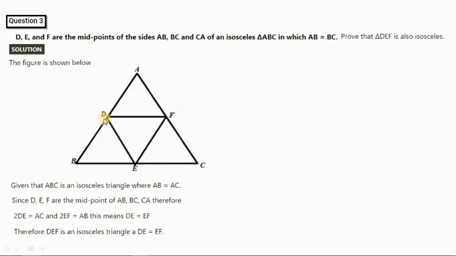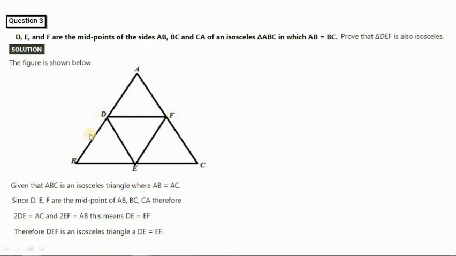Since D and E are the midpoints, I can say DE will be parallel to AC and DE will be half of AC, or in other words AC will be double of DE. That's why it is written 2 times DE, double of DE will be AC. Similarly, E and F are the midpoints, so EF will be half of AB, isn't it?